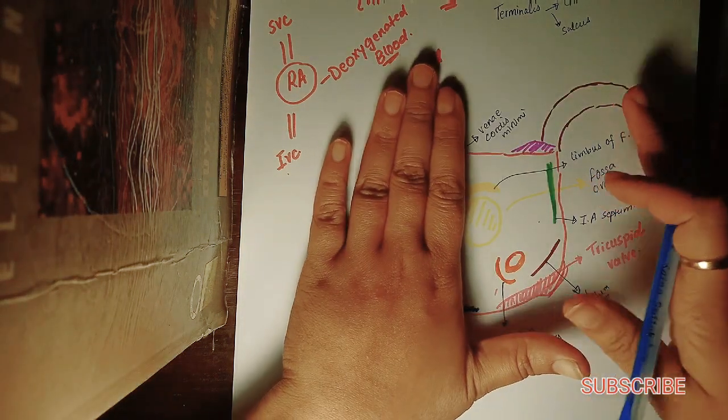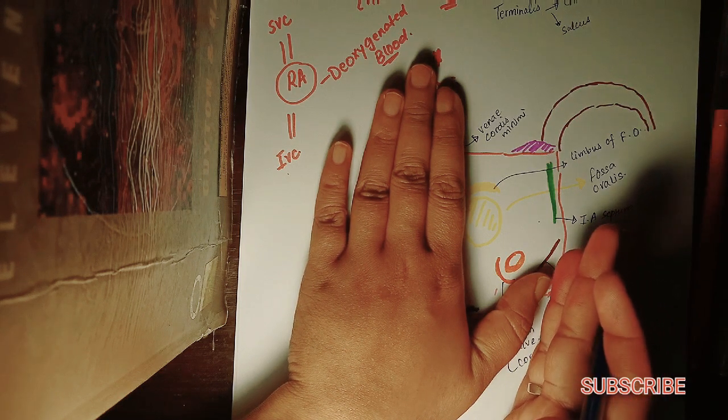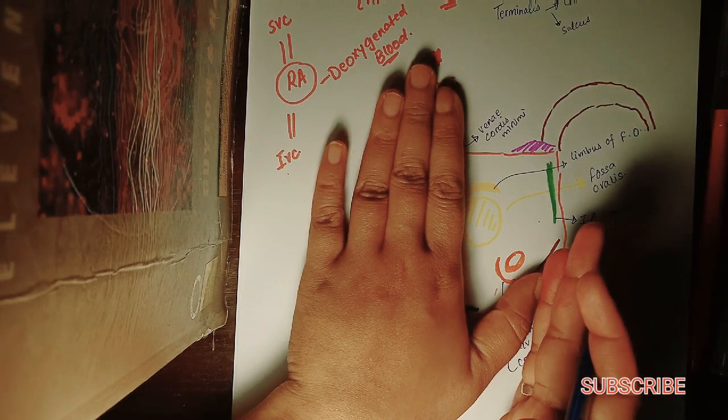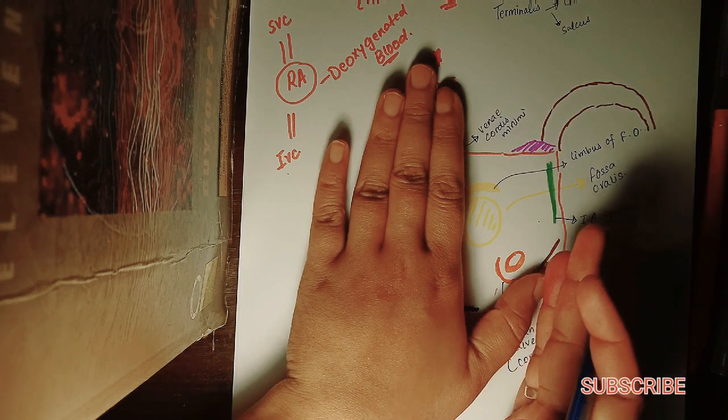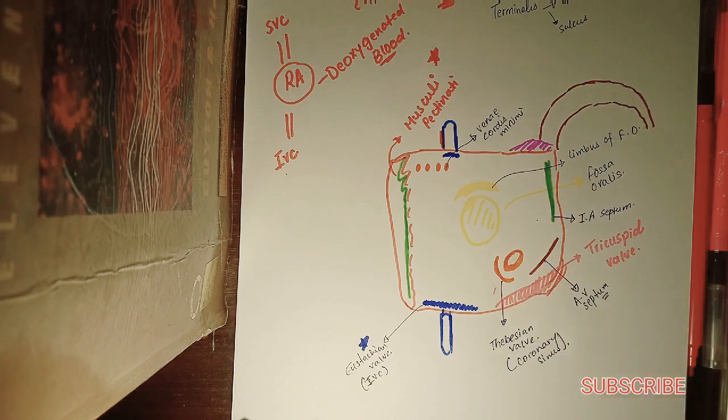The ventricle is slightly on the left side, because the heart is located slightly on the left, so the AV septum lies downwards to the interatrial septum.